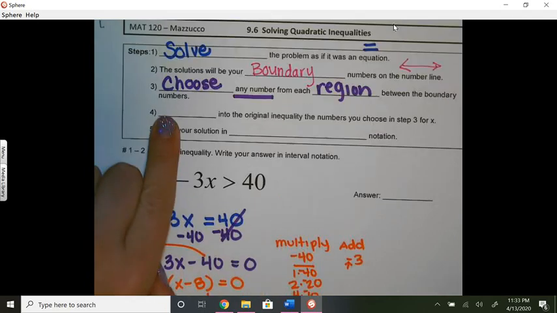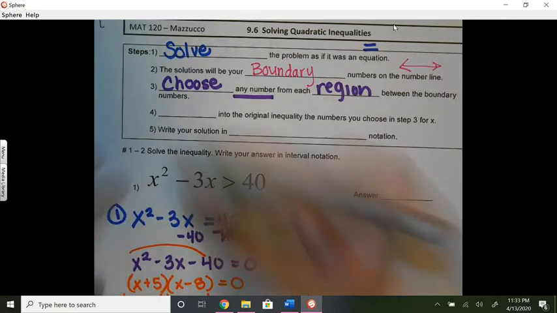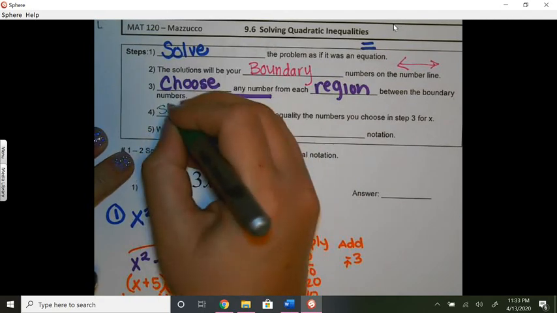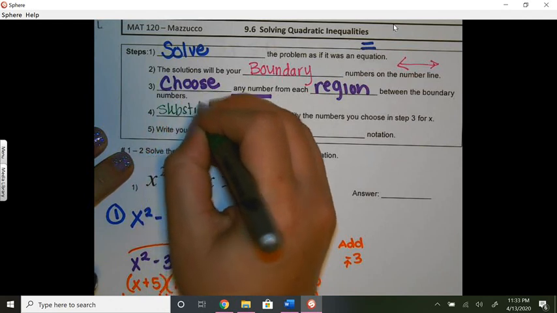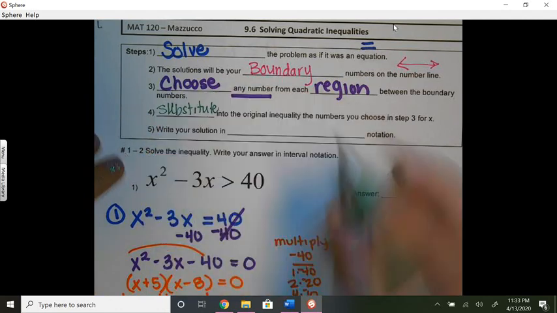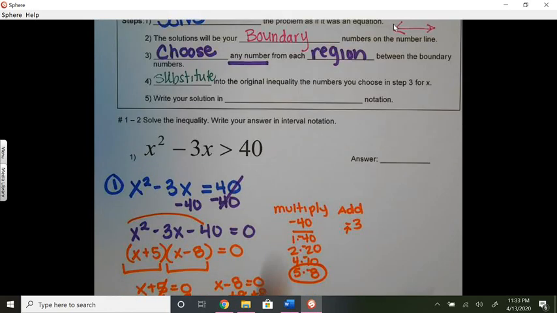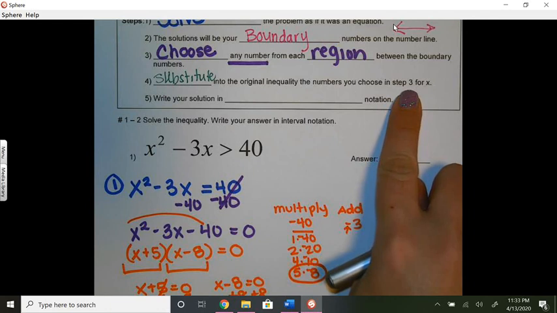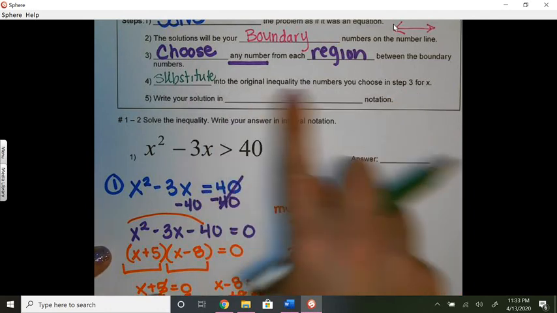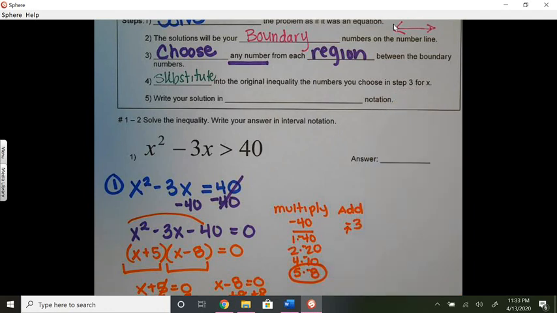Step 4 is you're going to substitute. So plug in, substitute those numbers we just picked back into the inequality. Substitute those numbers from step 3 in for x.